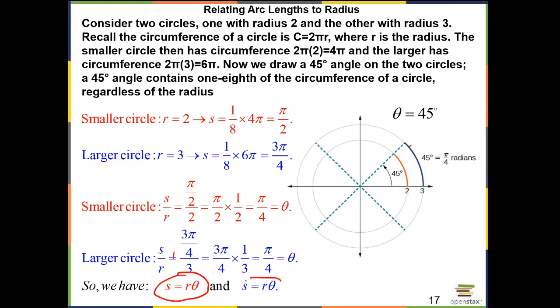It is true in both cases. No matter how big the circle is or how small the circle is, that formula is always true, right? The arc length is radius times the angle, but it has to be in radians.